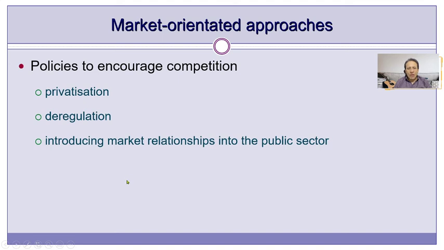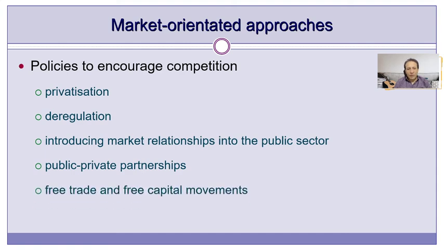Also, we have introducing market relationships into the public sector. I think that is a favorite one as well, to create joint ventures, for instance, between the private and the public sector, or to introduce certain aspects of market relationships within the public sector. Public and private partnerships, joint ventures, and free trade and free capital movements.